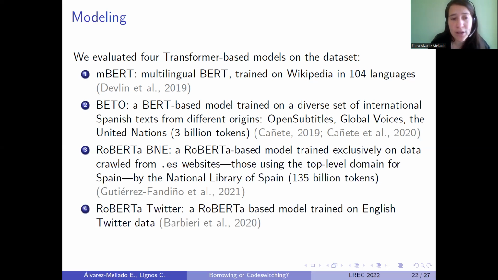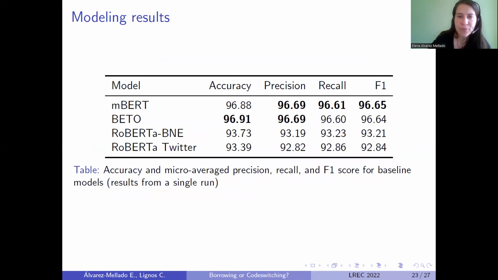And finally, we also tried Roberta Twitter. This is an English model, Roberta-based, but it was trained on Twitter data. So we wanted to see how well a model that had been trained on Twitter data could perform on the task, even if it's just a monolingual English model. And these are the results that we got.